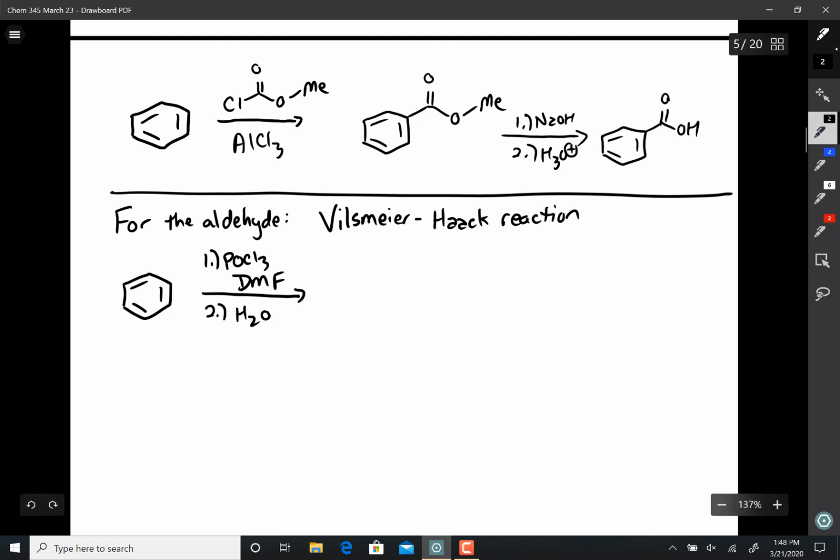Second step, add water. And get an aldehyde.